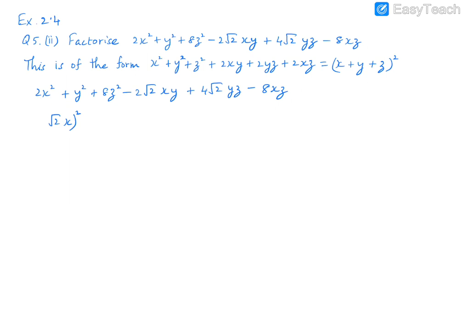But we need to make sure whether it is plus root 2x or minus root 2x. For that, we need to look at the hints in the expressions which are in pairs. So we have the xy pair, the yz pair, and the xz pair. Clearly the yz pair has a positive coefficient. That means both y and z have the same sign, either both positive or both negative.